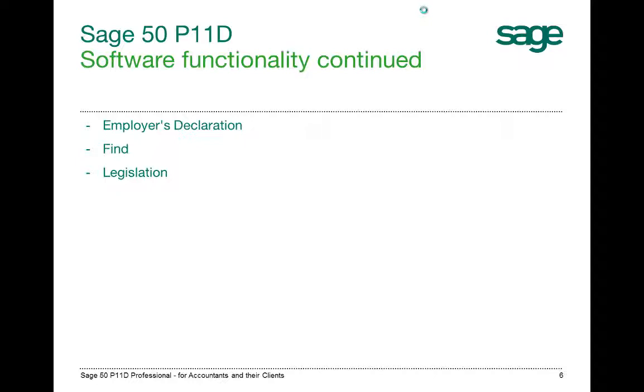And you can view the government legislation affecting the calculation of employee benefits and expenses. You can set up company-wide medical insurance policies to be applied to employees of your choice. And you can set up mileage allowance rates for company car and private vehicle mileage benefits.